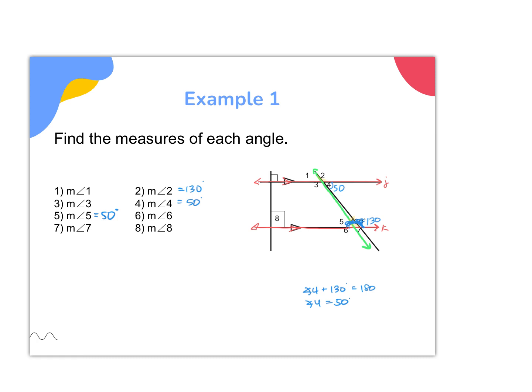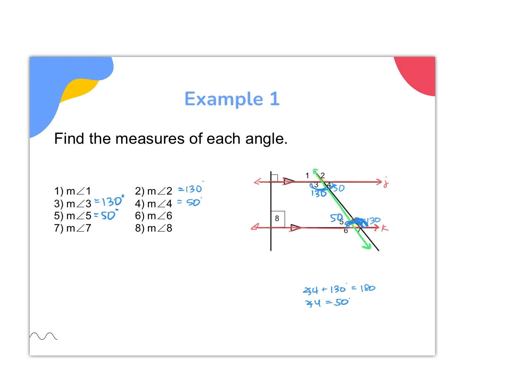I know, again, being that alternate interior angles are congruent, then I know that angle 3 is alternate interior to this 130, which means angle 3 is also 130 degrees. Again, angle 3 and 4 form a linear pair, so I could have answered it that way as well. I already know I said angle 5 was 50.